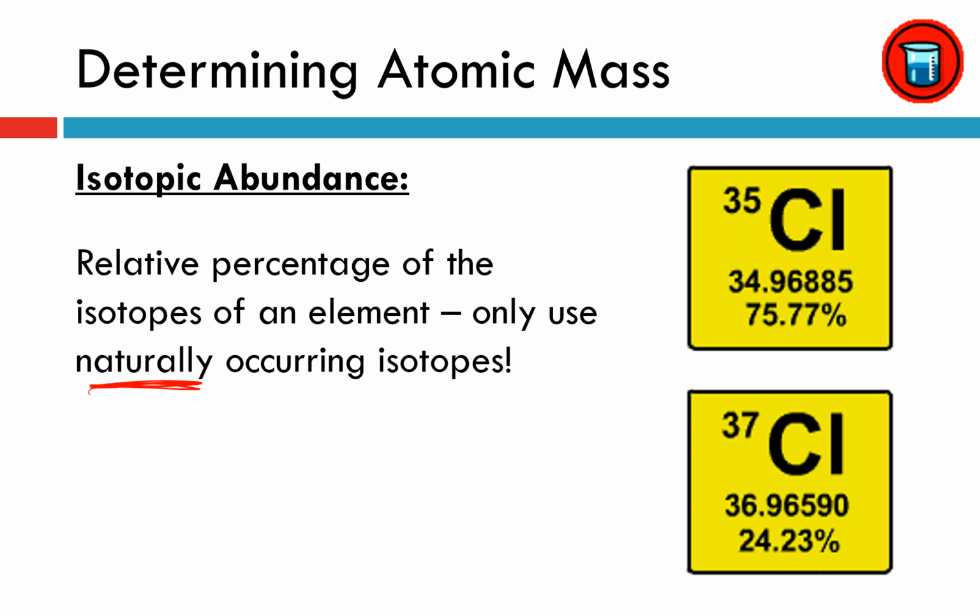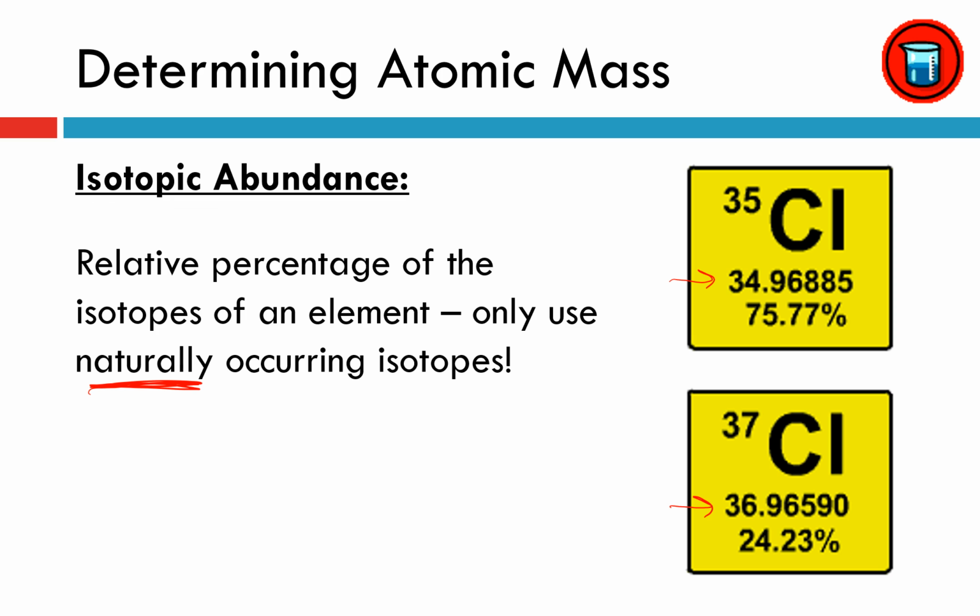For example, chlorine has two major isotopes, chlorine-35 and chlorine-37. So if you look here, that's giving you a very precise mass of that isotope. We call it chlorine-35 and 37 because it's pretty darn close to 35 and 37 U respectively. This number underneath, the percentages, this is our isotopic abundance.